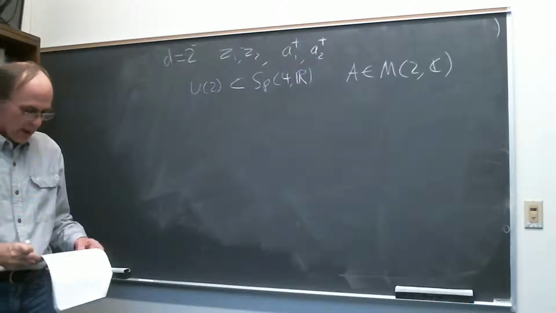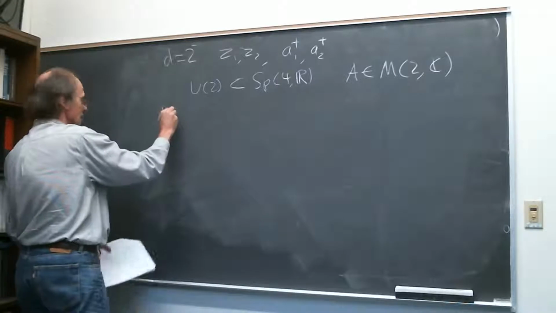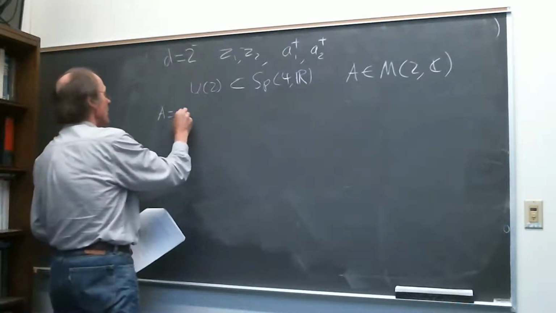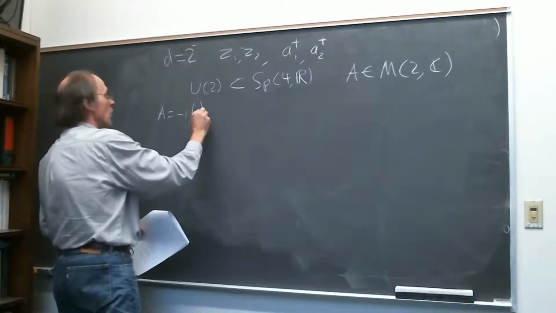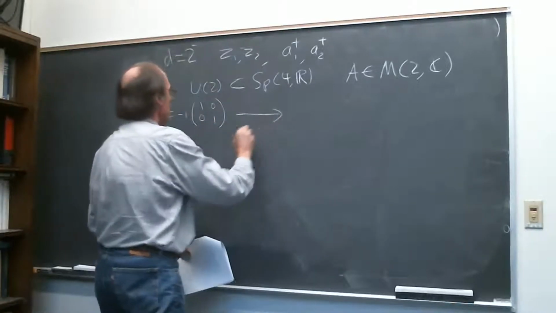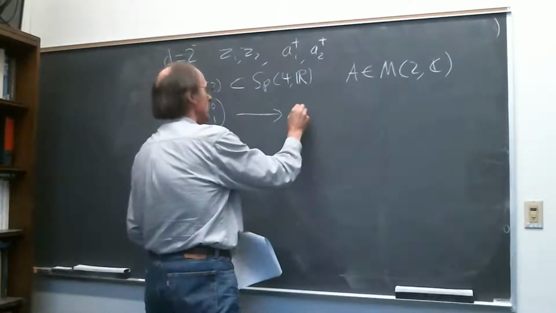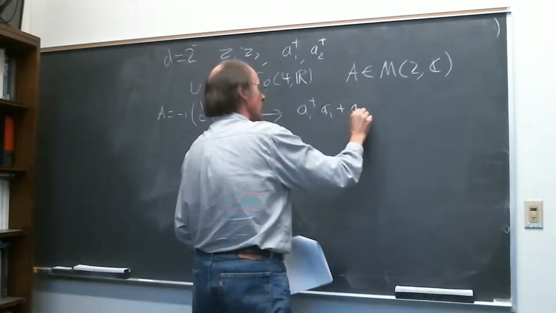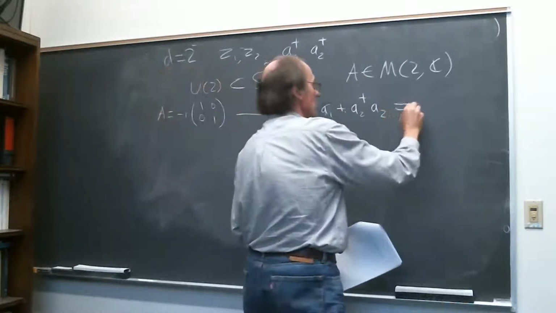A is going to be, I think, minus i to make it anti-Hermitian, and then 1 1 0 0. Under quantization, this is going to be the thing which gives you a1 dagger a1, and that's the Hamiltonian.